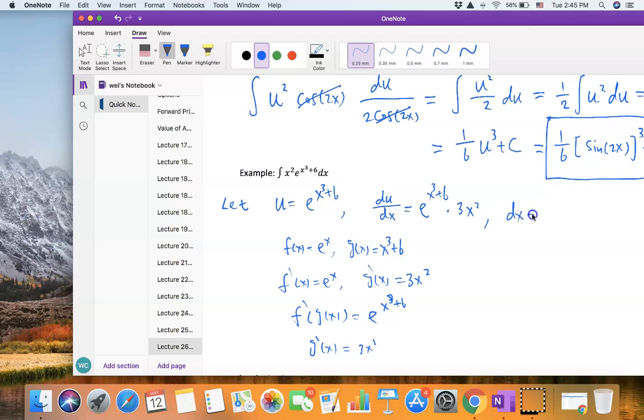And dx is going to be du over e to the x to the third plus 6 times 3x squared.